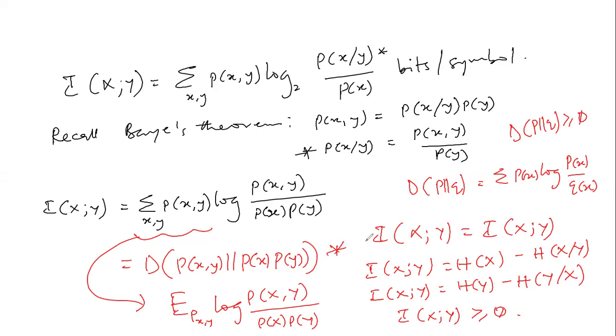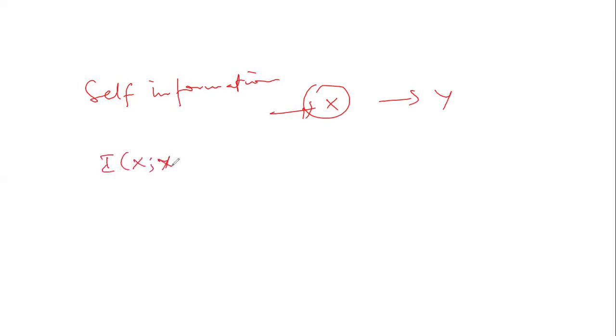And then there's self-information, okay? So the amount of information observed about Y from X, for instance, or about Y from Y, so that the mutual information between X and X, between the input symbols, is the same as the entropy.